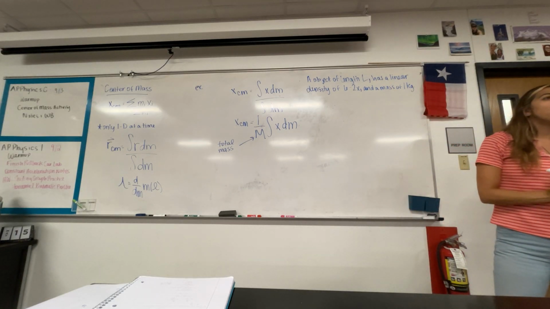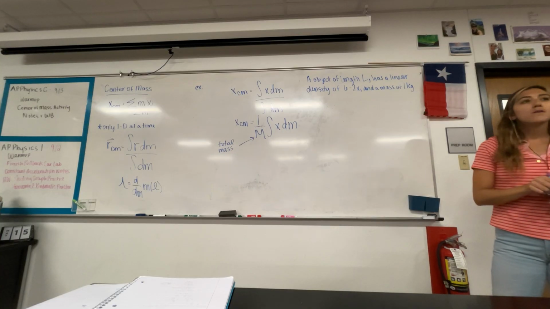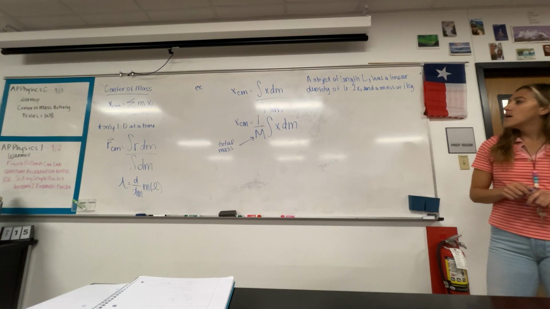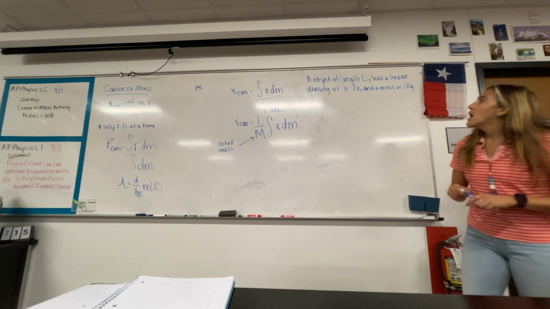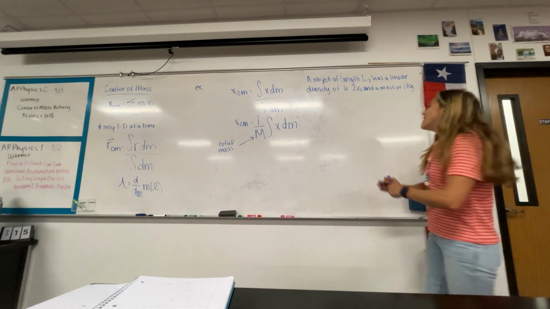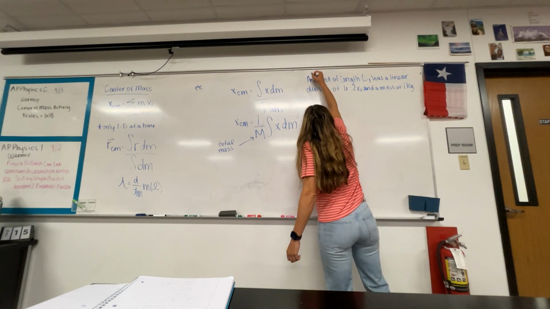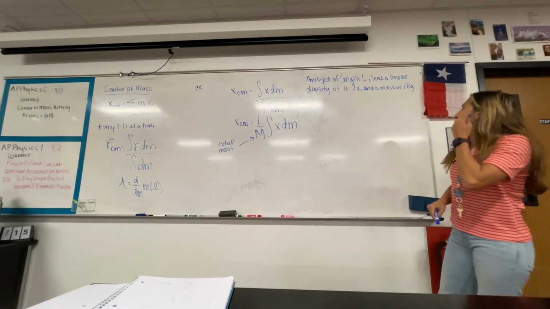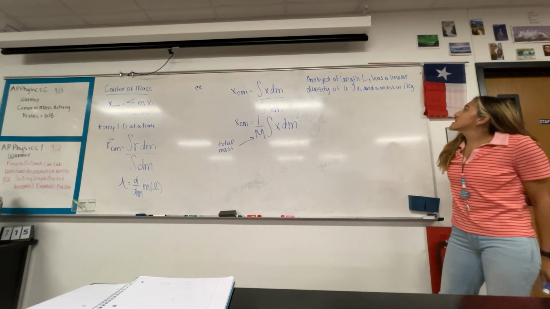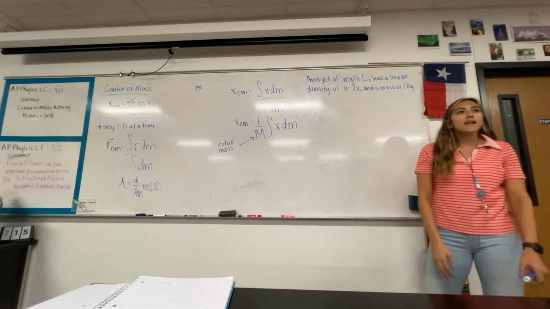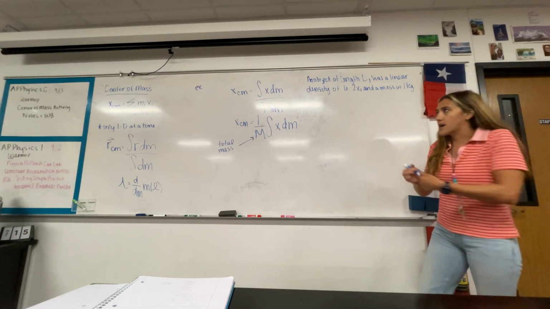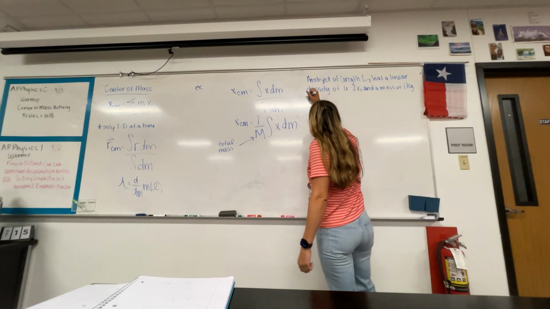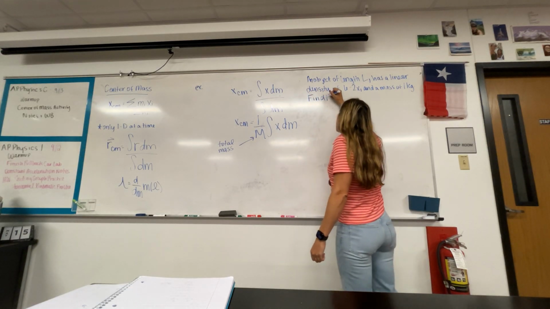Yes. What did I put wrong? It's supposed to be an object instead of a object. Like in the first sentence. Oh, yeah, okay. Sure, whatever. When I'm typing, I go back and fix it, but when I'm writing, I probably don't. All right, an object of length L has a linear density of 6 minus 2x and a mass of 1 kilogram. I want to find the center of mass.